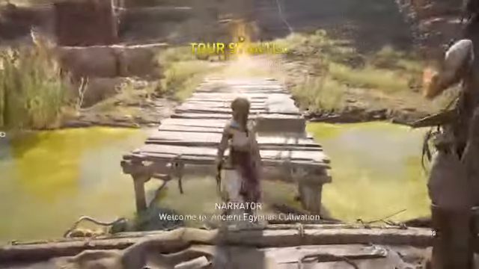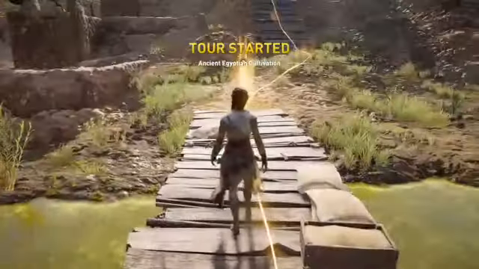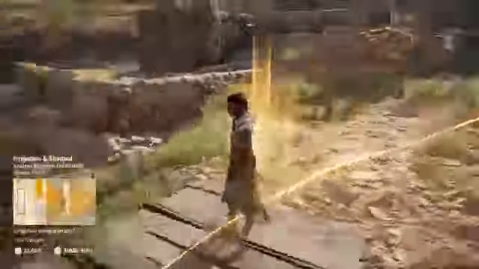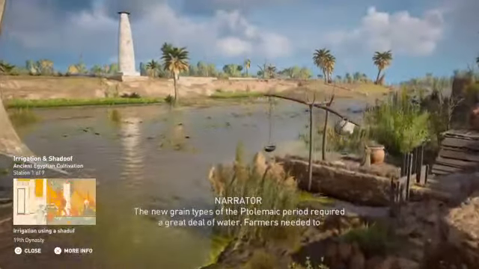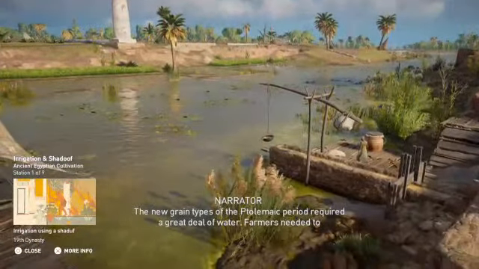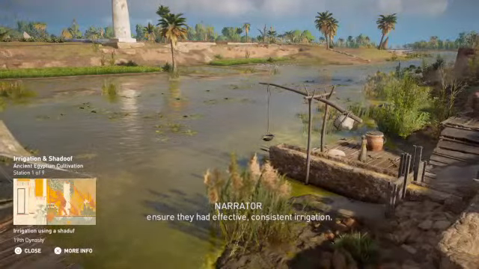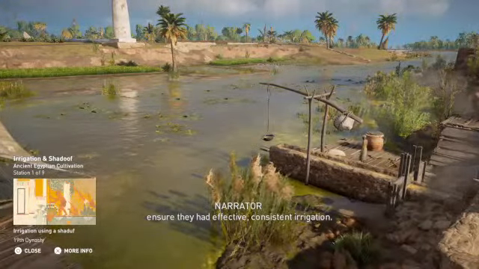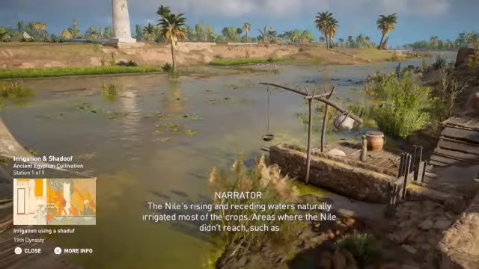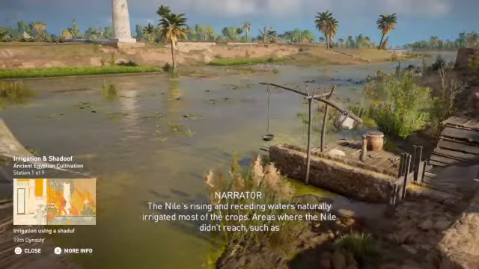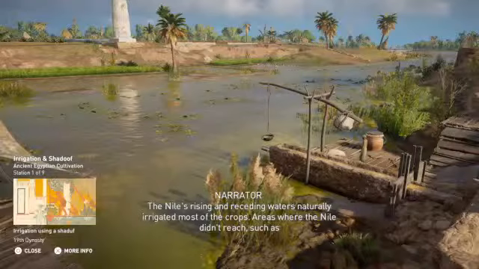Welcome to Ancient Egyptian Cultivation. The new grain types of the Ptolemaic period required a great deal of water. Farmers needed to ensure they had effective, consistent irrigation. The Nile's rising and receding waters naturally irrigated most of the crops.